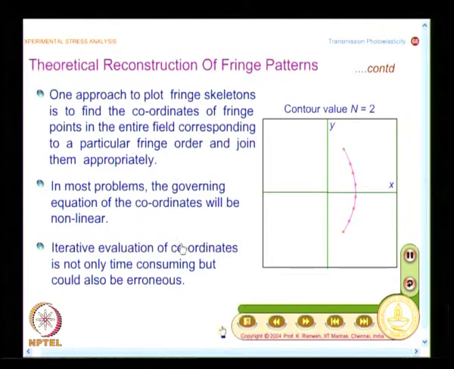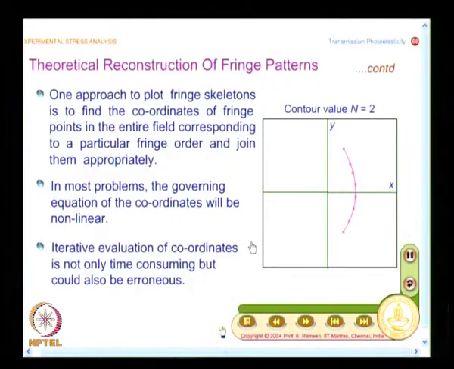So, an approach like plotting a fringe contour, like taking a fringe order n equal to 2, collecting all the data points and connecting them as a contour is not the solution. This is not the way that we have to approach the problem of fringe contour. We will have to go by a different approach. That approach also should ensure even mimicking the fringe thickness.